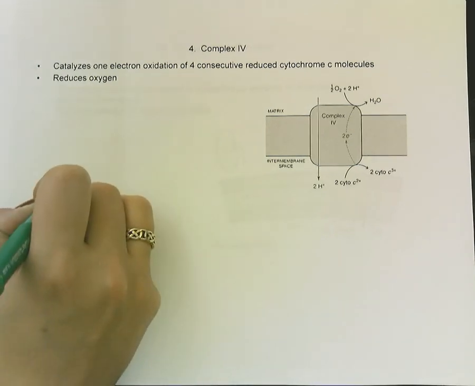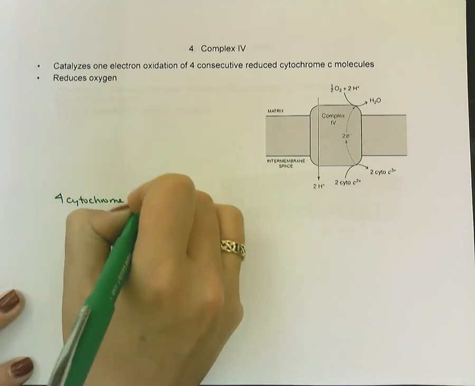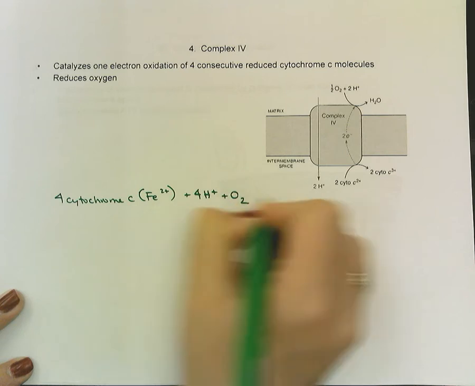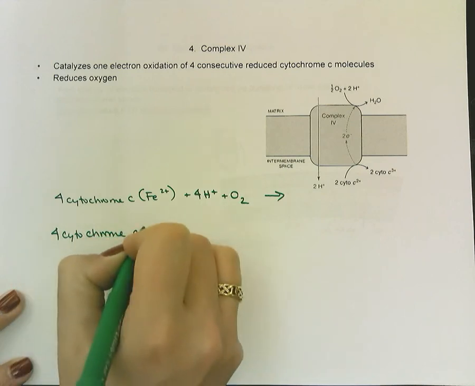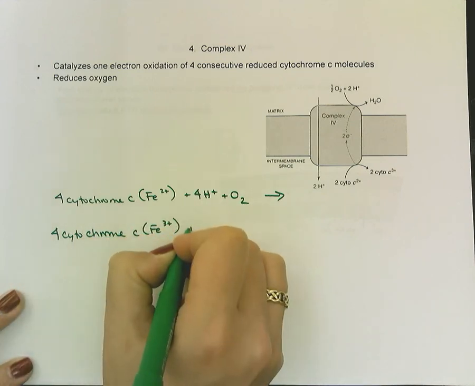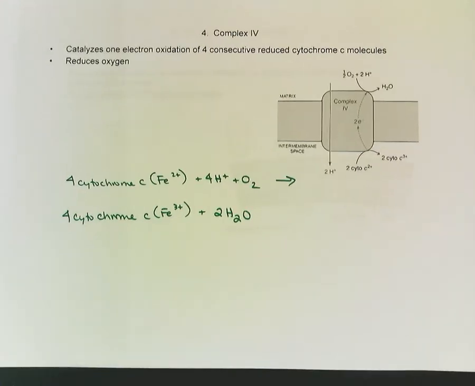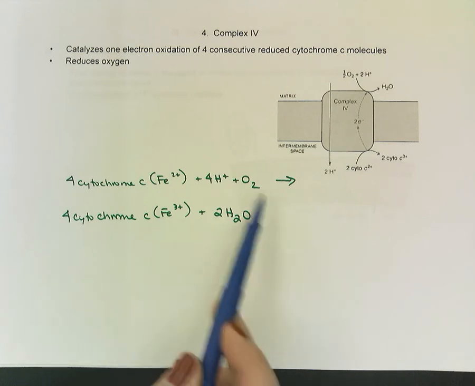So what's going on here is we're going to take 4 cytochrome Cs in the iron plus 2 state, oxidize them to iron plus 3, and reduce oxygen to water.